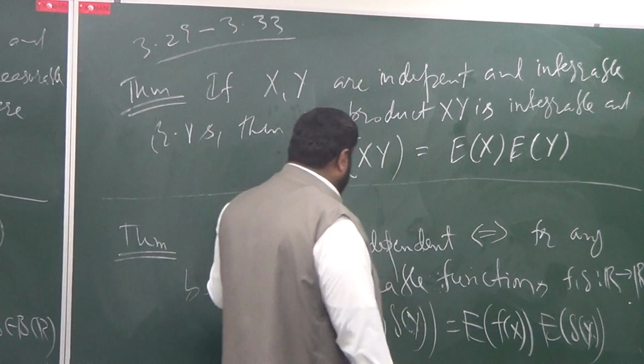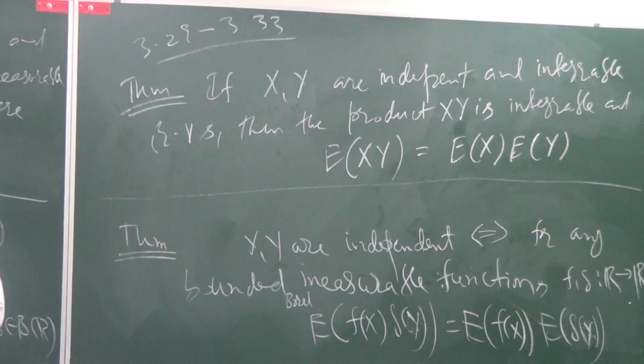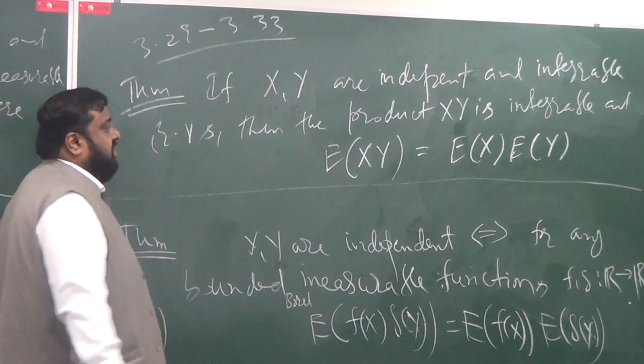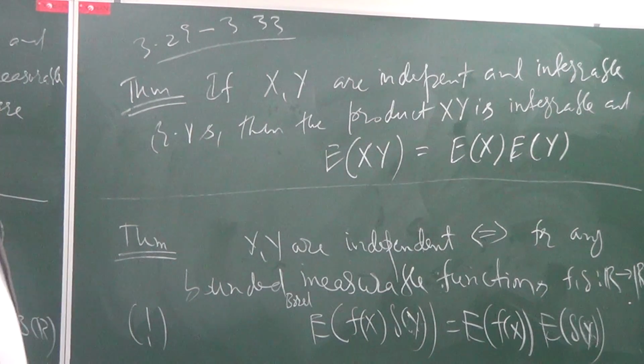How about the other side? This would be an interesting fact to reflect upon. Think about it for yourself. In other words, you have to make a particular choice of f and g.